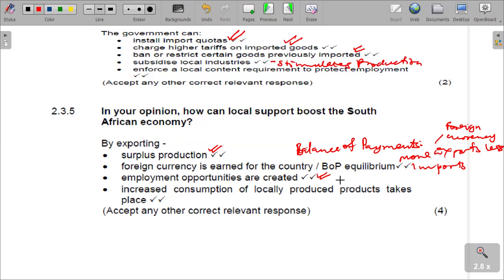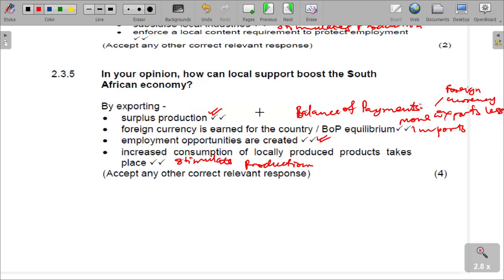Increased consumption of locally produced products also stimulates production again, which is a good advantage in keeping our people happy, and their standards of living are improved as well. So that has been said.